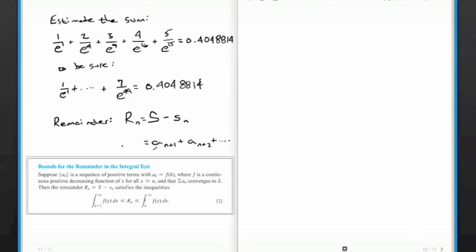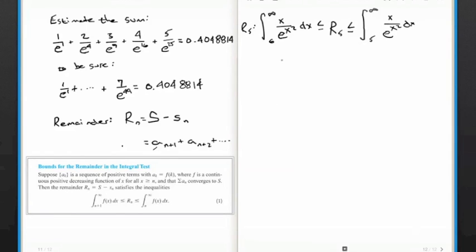So if I stick that in there, my remainder is going to be somewhere between the integral of 6 to infinity, say for my 5th term, so I'm going to say r sub 5, of x over e to the x squared dx, and the integral from 5 to infinity of x over e to the x squared dx.